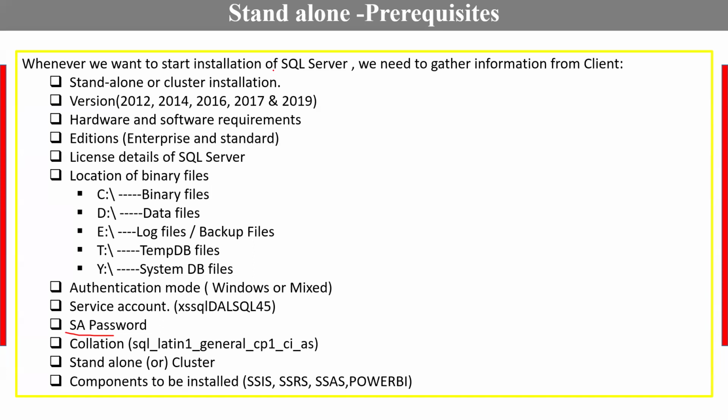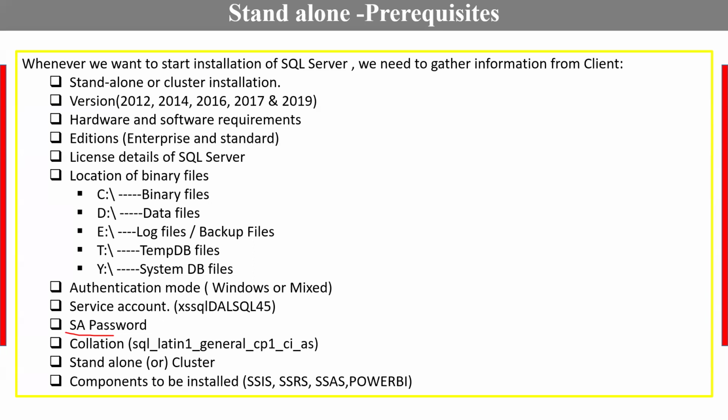Then you need to contact for the service account. They will provide it, or you need to create the service account. Most of the time they will provide it. In case they are not providing, you need to create a ticket and get it, following the standard of your project. It differs from project to project. The next thing to remember is authentication mode.